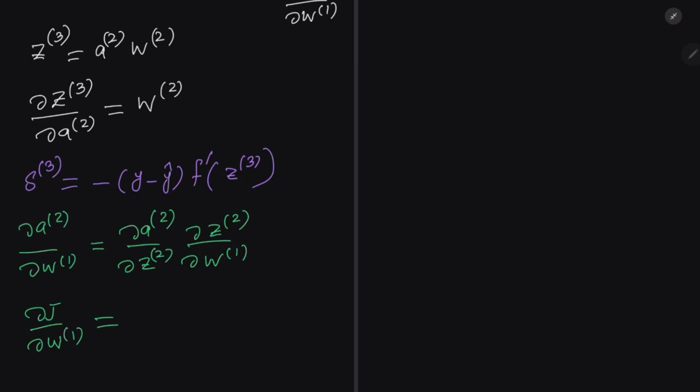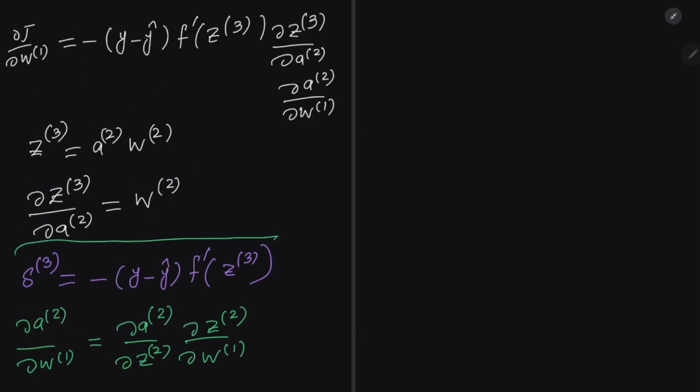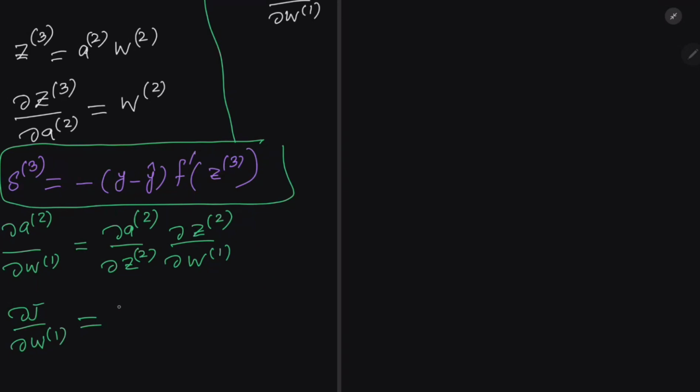So we have, after putting these values over here, delta 3, W2 transpose. Since these are the column vectors and row vectors and so on, we need to be careful with the transpose, the multiplication and some other properties which are required for row vectors multiplication.